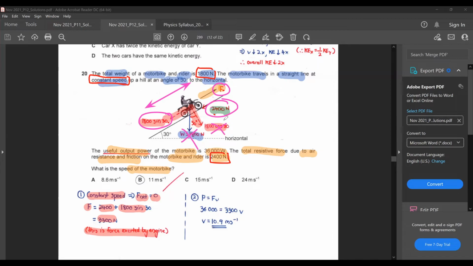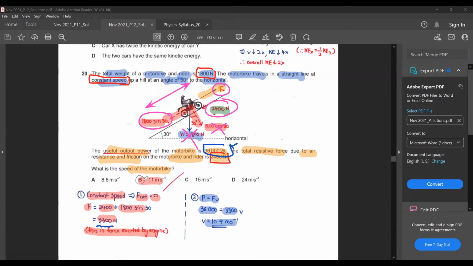I also tell you right now that your power was 36,000 watts. So given this engine force and given this power, what is the speed with which you will be moving? You use the equation P equals FV. Your P is 36,000. Your F is 3,300. Your V will eventually be 10.9 meter per second. So round off to 2 SF.